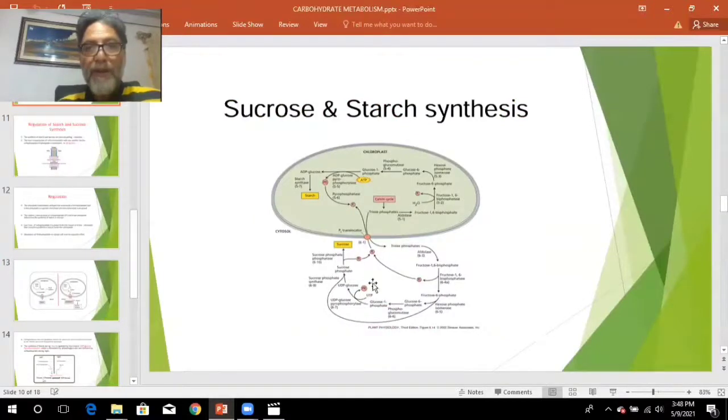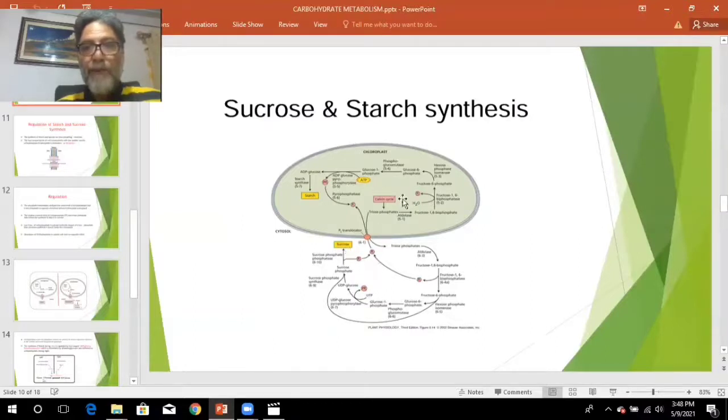That is, triose phosphate will be taken from the chloroplast to the cytosol, and here through these reactions there will be formation of fructose 6-phosphate, which will form glucose 6-phosphate, and through these reactions, with UTP and this fructose, there will be a combination of the two that will form sucrose phosphate, and the phosphate will be released, and there is a synthesis of sucrose.